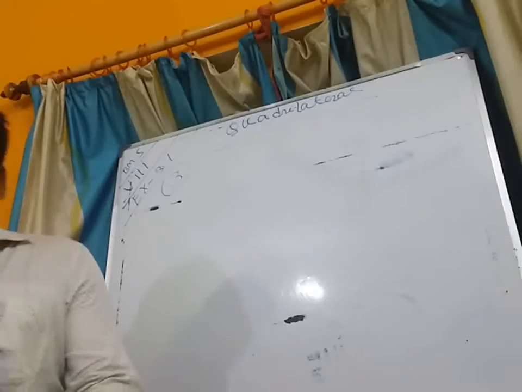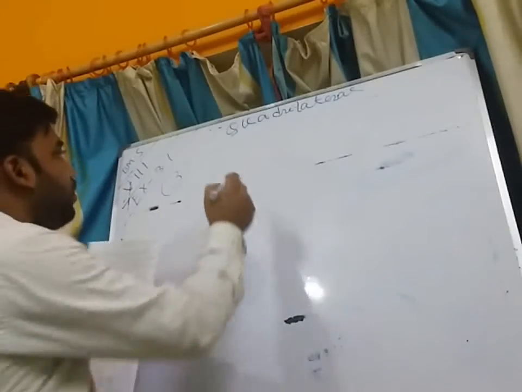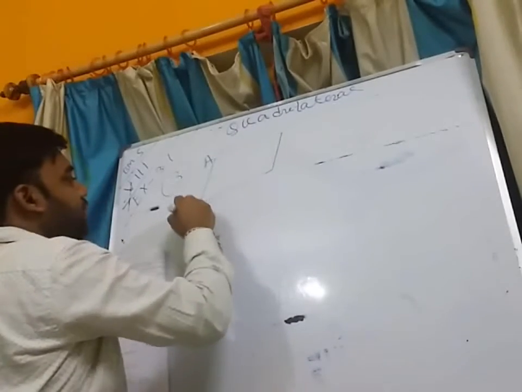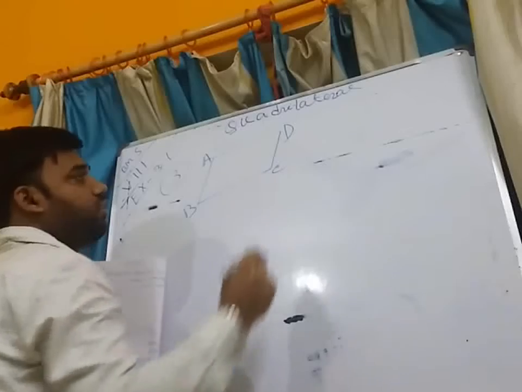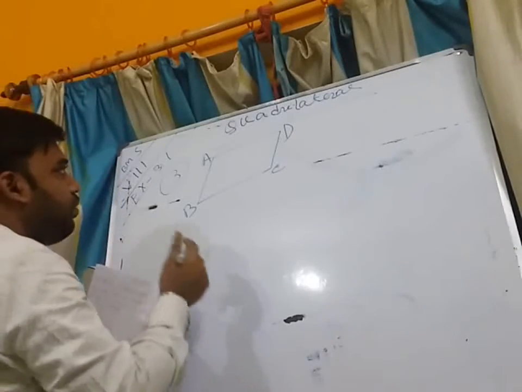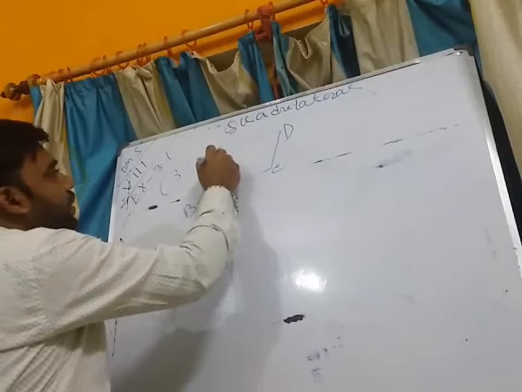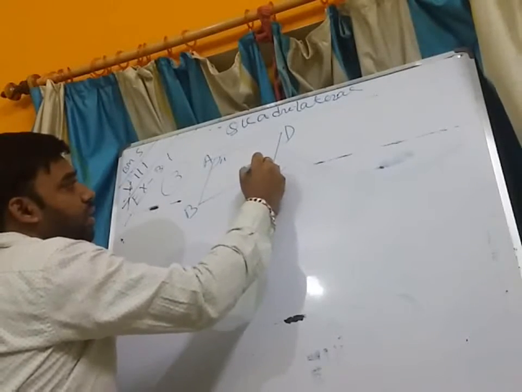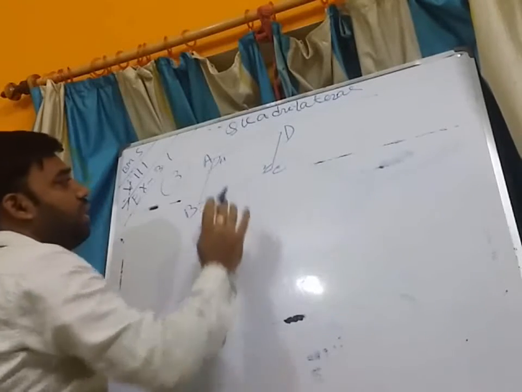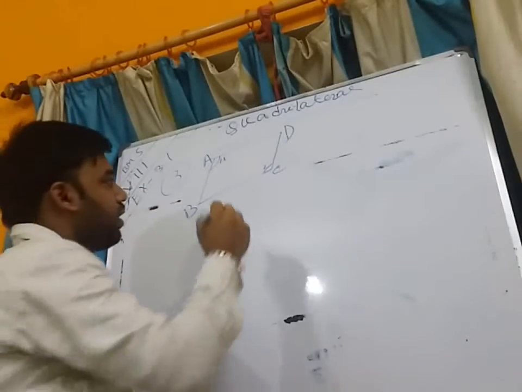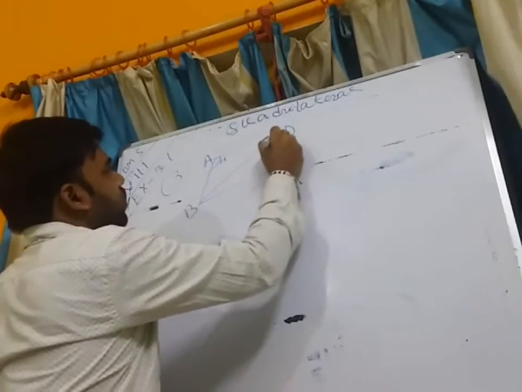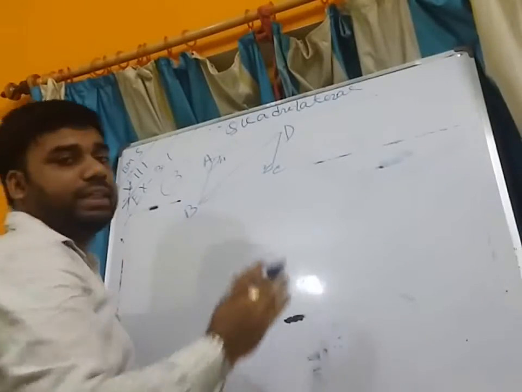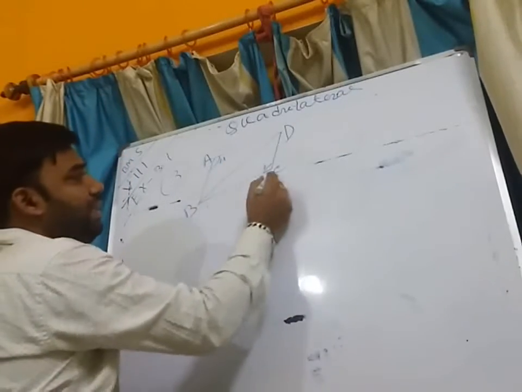For now I am taking a convex polygon ABCD. I am naming the angles angle 1 and angle 2. Now if I draw a diagonal, two triangles are created, ABD and BCD.